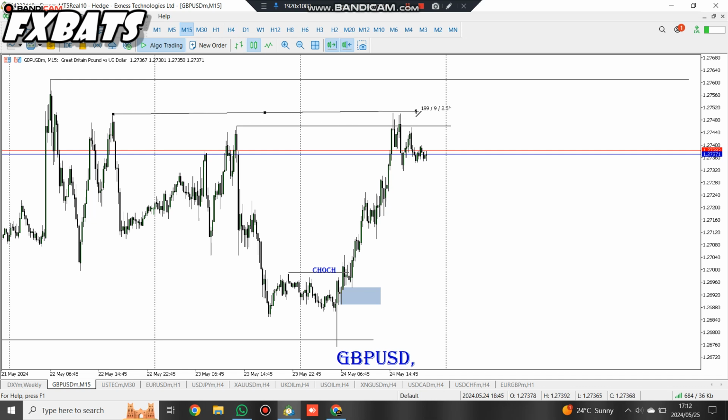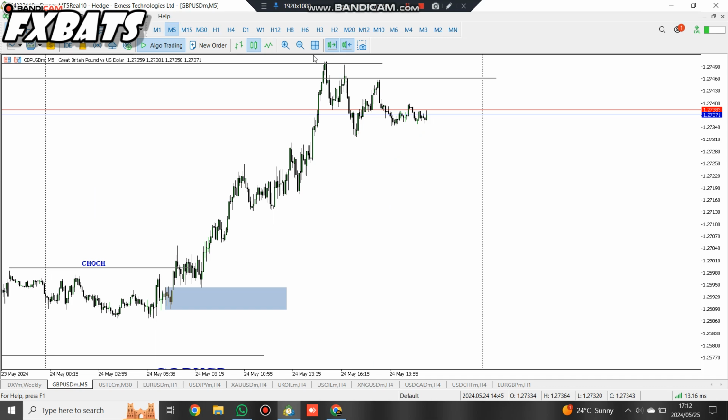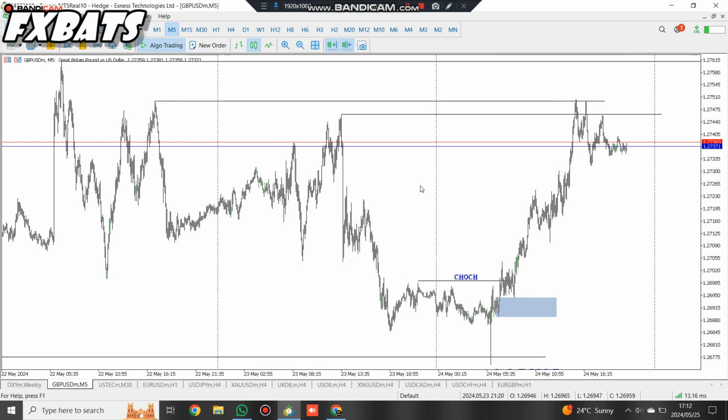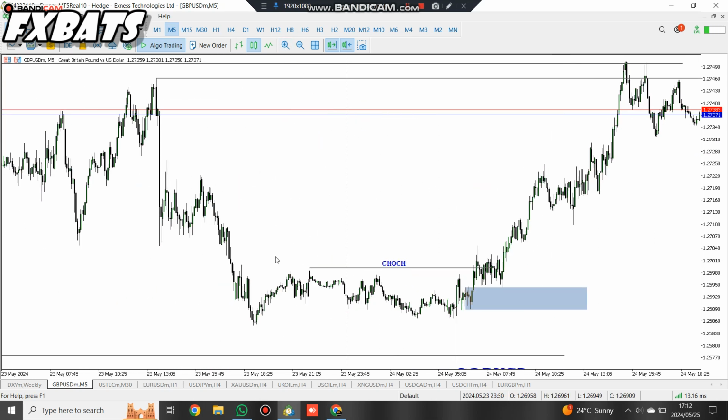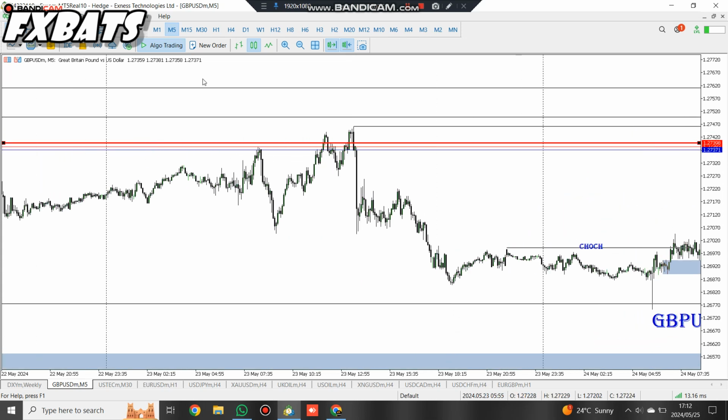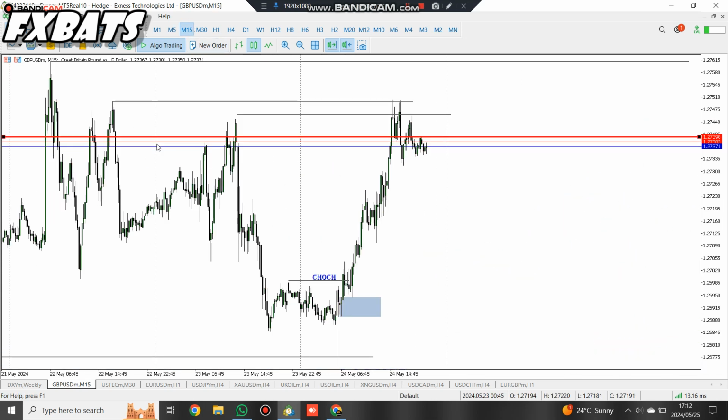And on 5 minutes, I saw some kind of order block. When I scaled down to 5 minutes, I just noticed that there was a sweet order block, and this was the order block. You could see the order block. I'm just checking through.